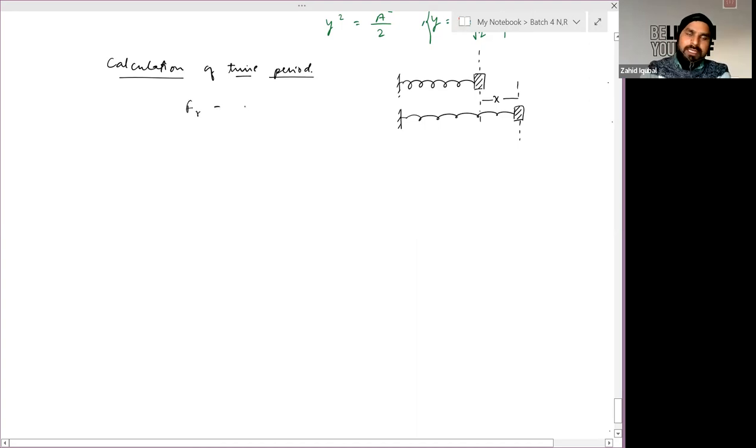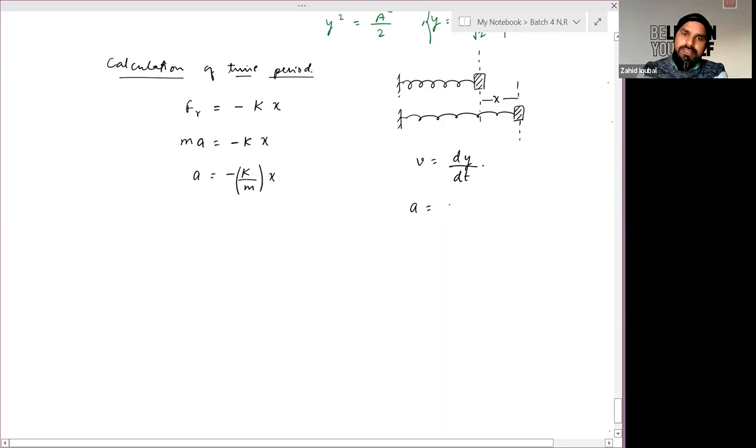So it will be F equals minus K times X, where K is called the spring constant or force constant. Now, F equals mass times acceleration, equals minus K times X. So a equals minus K by M times X. Velocity is displacement over time, or simply dy over dt.